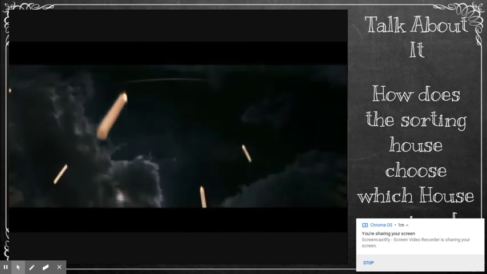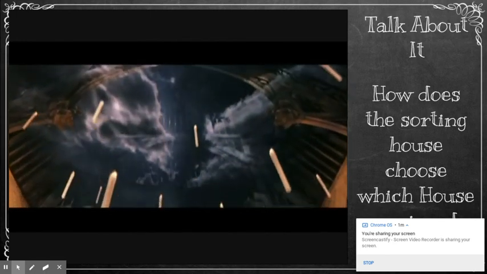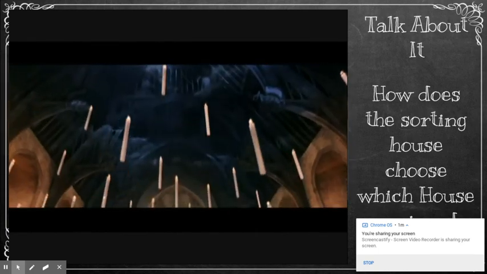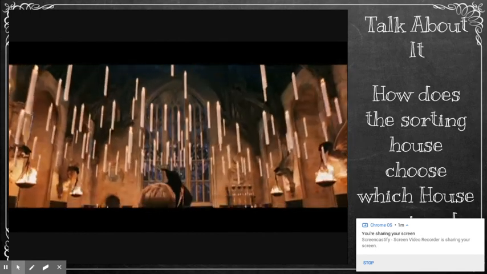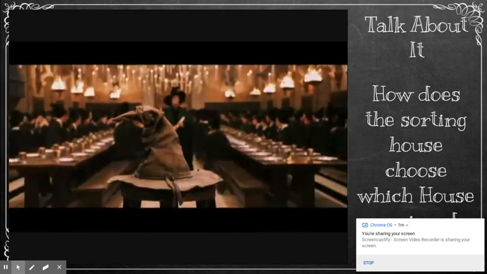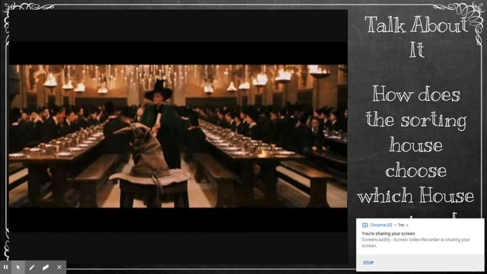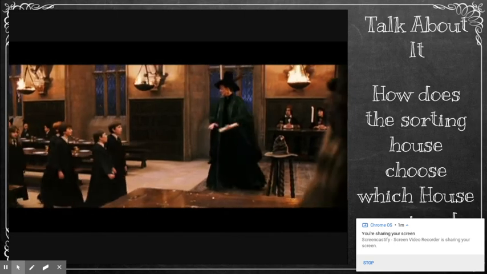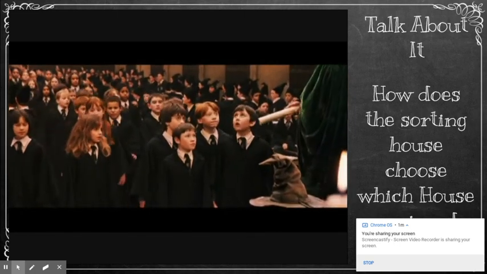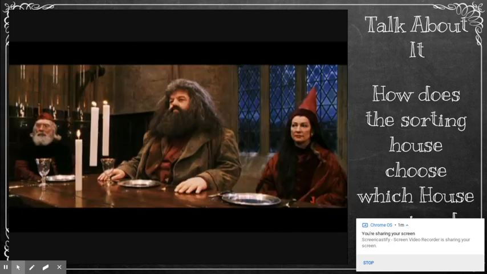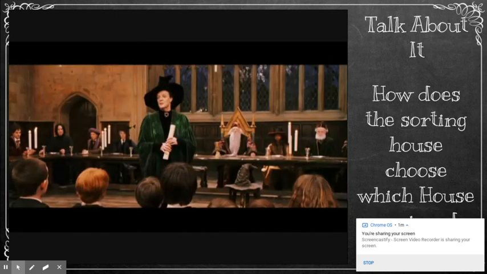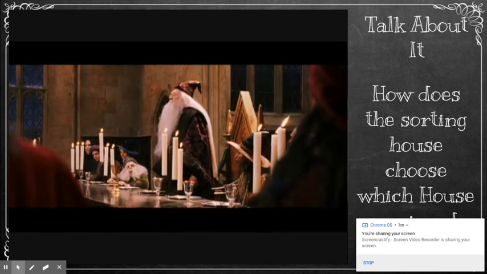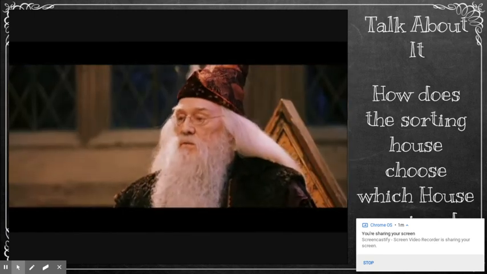It's not real, the ceiling. It's just bewitched to look like the night sky. I read about it in Hogwarts, a History. Will you wait along here, please? Before we begin, Professor Dumbledore would like to say a few words. I have a few start-of-term notices I wish to announce.